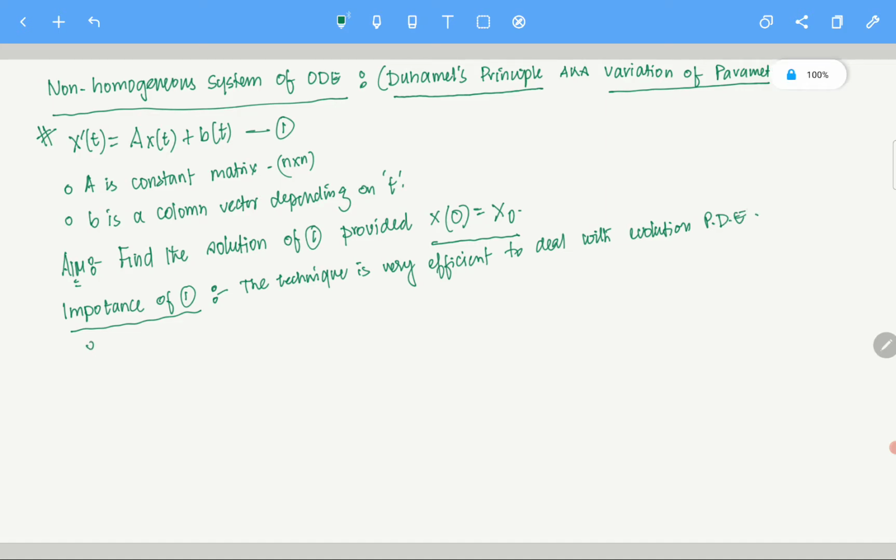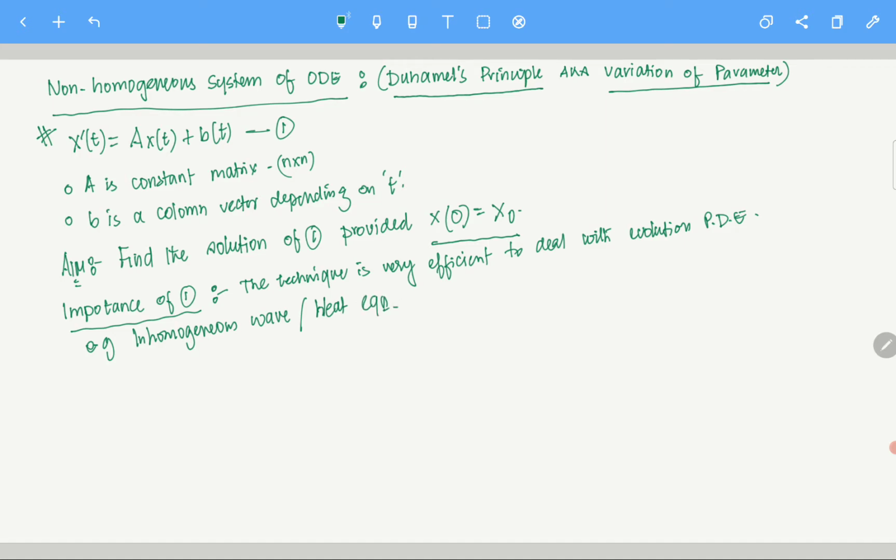That is to say, if you want to work with an inhomogeneous wave or heat equation, then you can use Duhamel's principle to do so.